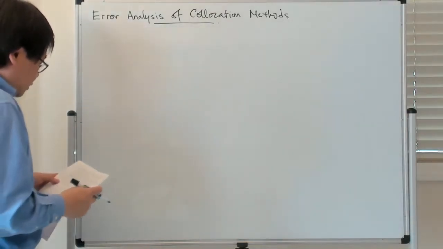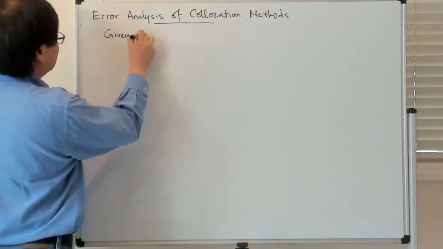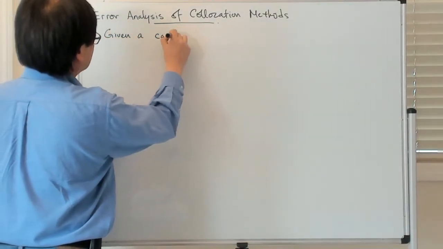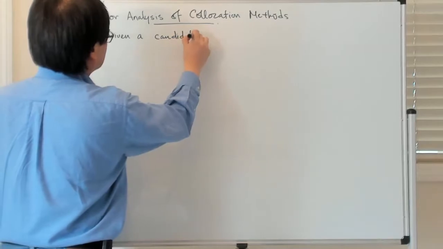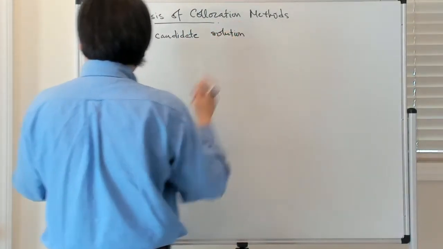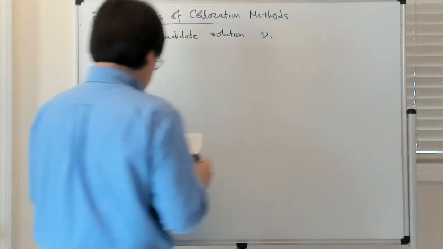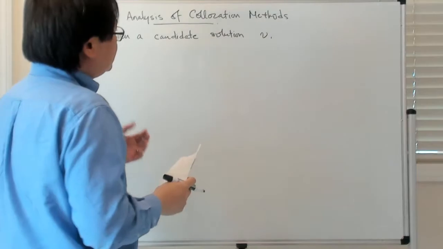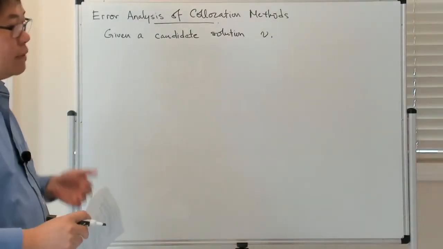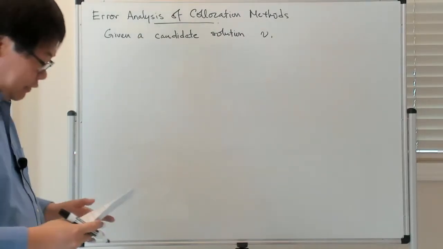Okay, so imagine you have a candidate solution, or a sort of approximation, if you will, of the solution. Let's say V. Then you can basically compute what is called the defect, which more or less measures the extent to which V satisfies the defining differential equation.